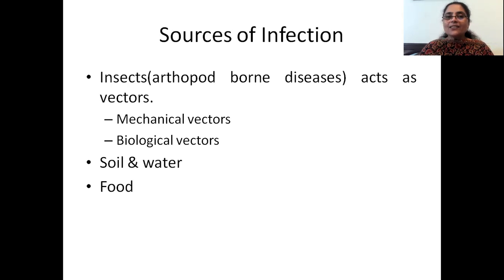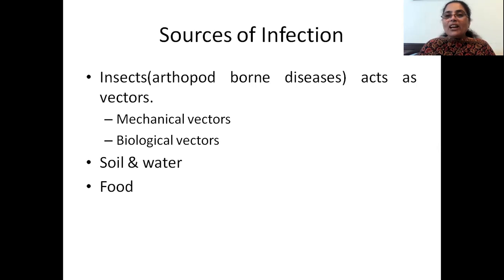Then there are insects which can act as mechanical vectors as well as biological vectors. Mechanical vectors are like flies. When they sit, infectious organisms stick to their legs, and they can transfer them. Cholera, caused by Vibrio cholerae, is transferred in this mechanical manner when flies sit on contaminated food or water.